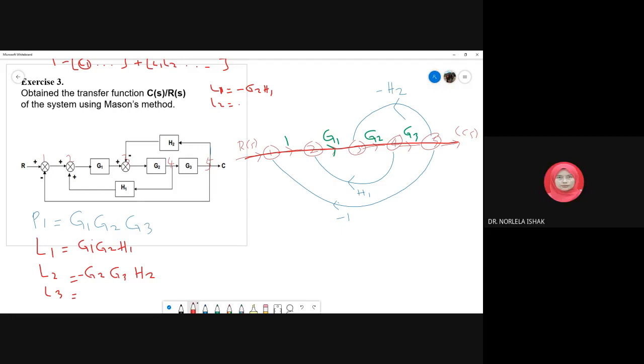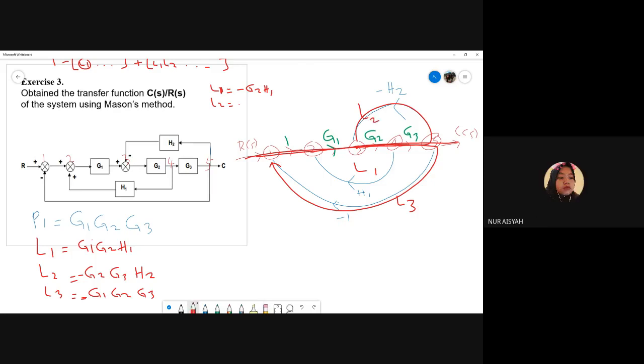The biggest one is G1, G2, G3, negative 1. We start from here, pass through here, and come back here. This is loop number 3, this is loop number 1, and this one above is loop number 2.